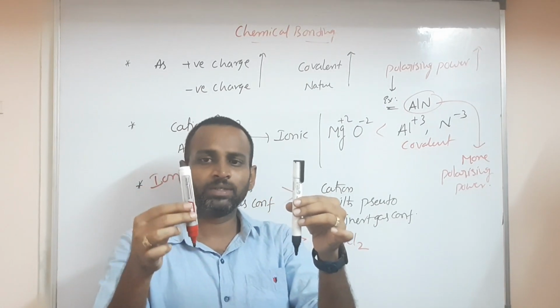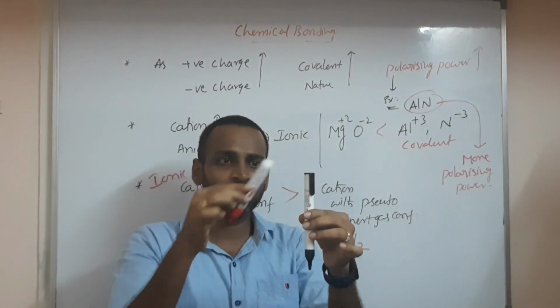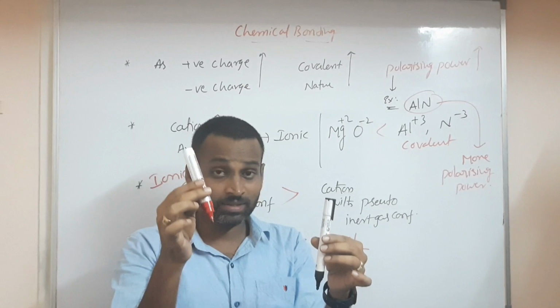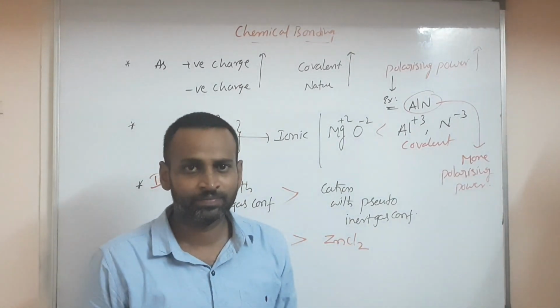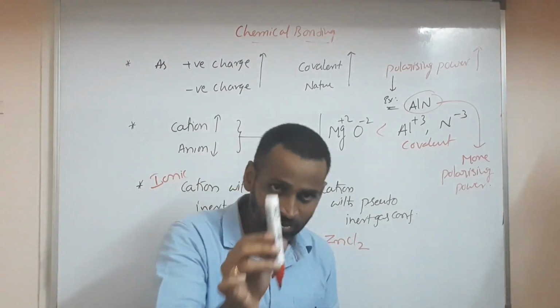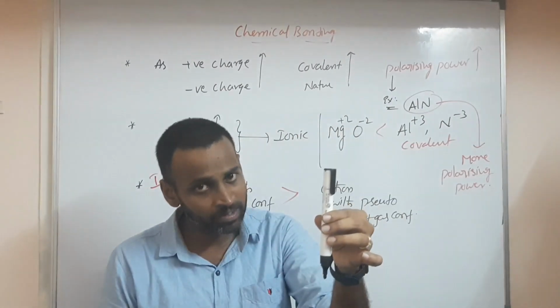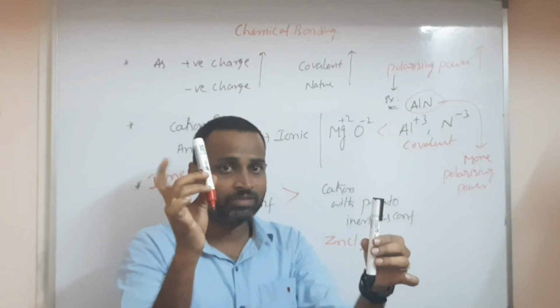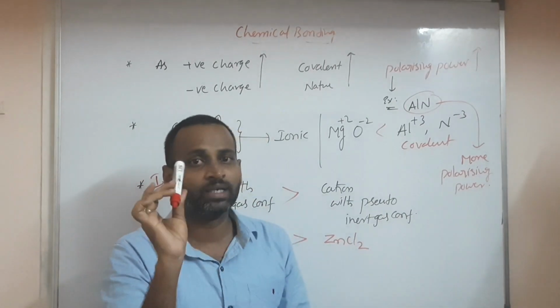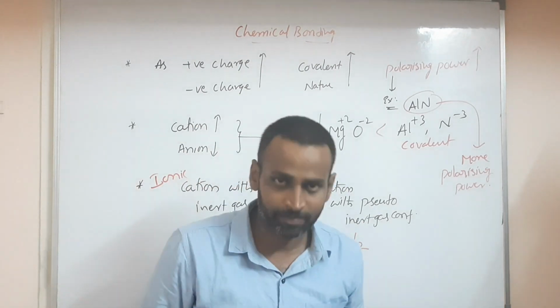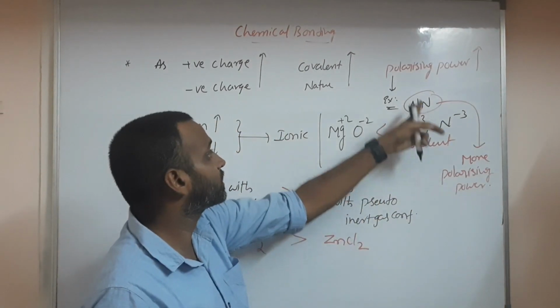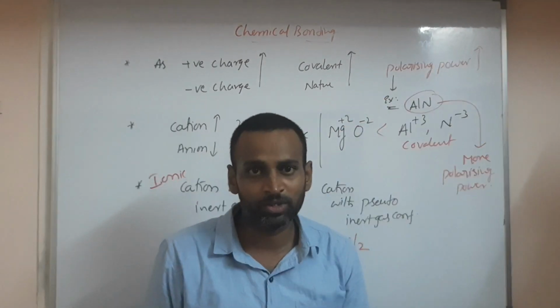The red person has given a chocolate to the black person, but still the red person has some attraction towards that chocolate. That is called polarizing power. So sharing nature is there. That's why covalent nature is more when the polarizing power is more.